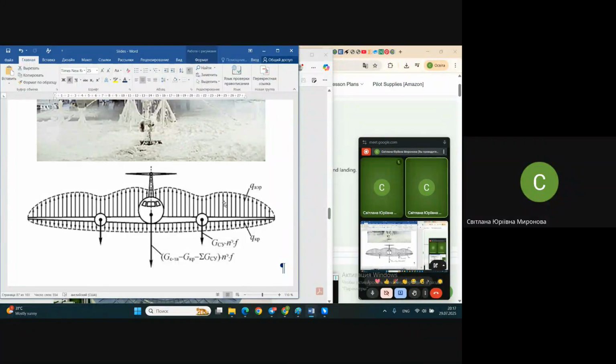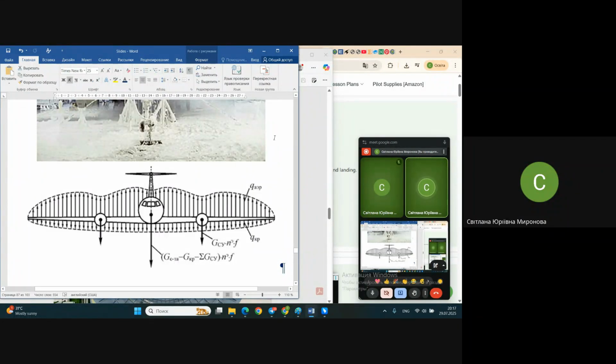In airworthiness documents and recommendations it's given like this: case 1, case A, case B, case C, and so on. Different cases of loading of the aircraft, and for each of such loadings we have charts of loads. And what next?